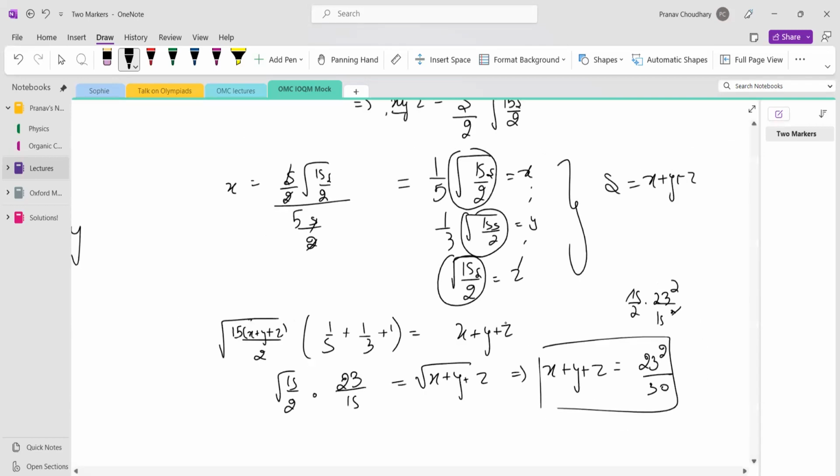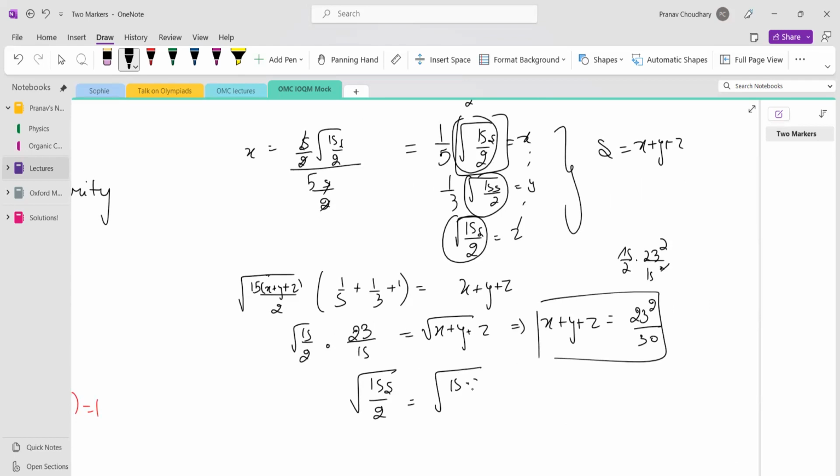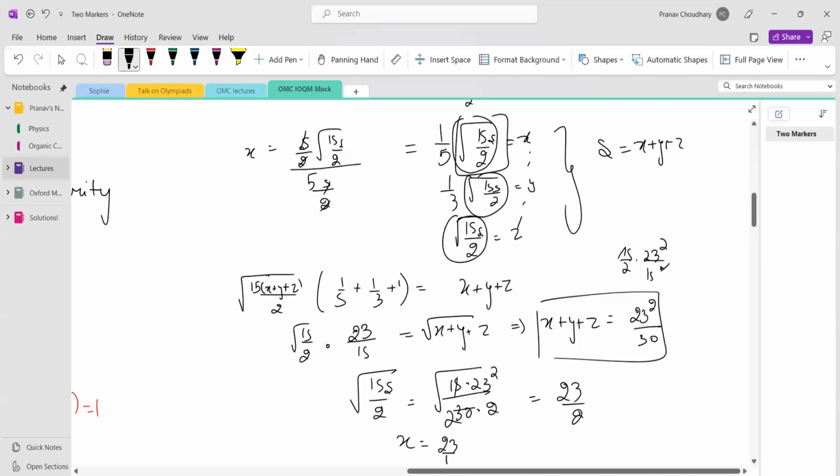Right? Now we have to find x, y, z. We need this thing, under root 15s over 2. This would be under root 15 times 23 square over 30 times 2, so this is 23 over 2. Which means x is 23 over 10, y is 23 over 6, and z is 23 over 2.